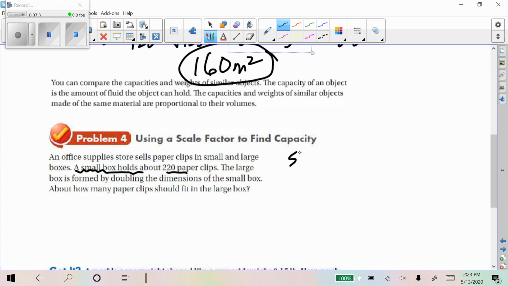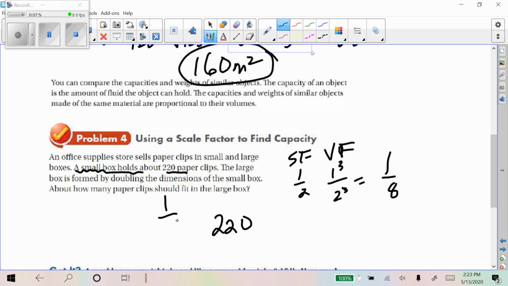So the scale factor is 1 to 2, since they're doubled. The volume, which would be the capacity, the volume factor would be 1 cubed to 2 cubed, which is 1 to 8.